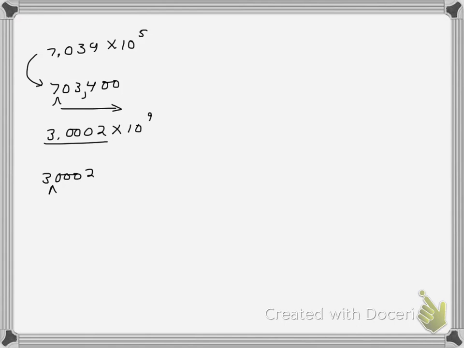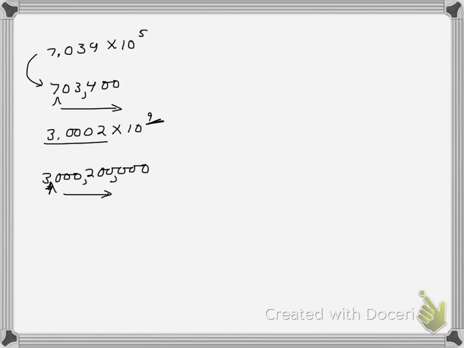Now I want to move to the right 9 places because of the exponent. So I've moved already 4 to get to the end of my 2, then 5, 6, 7, 8, 9. Putting in your commas, you're going to get a very large number. Okay, 3,000,200,000. So that's how you do it.